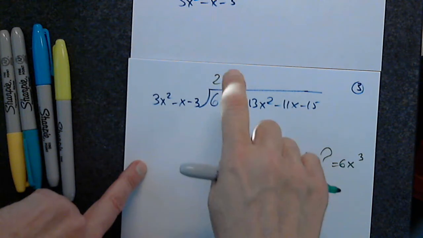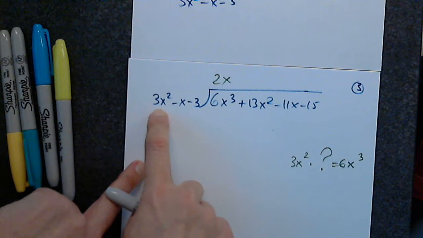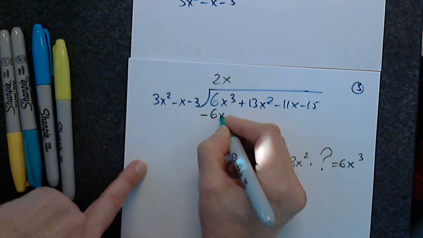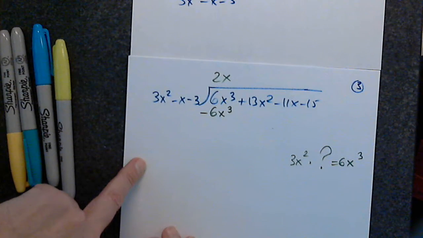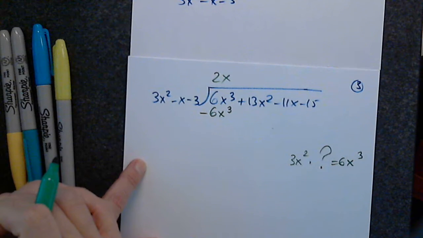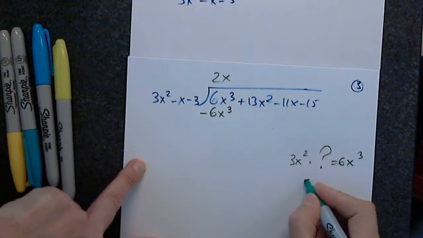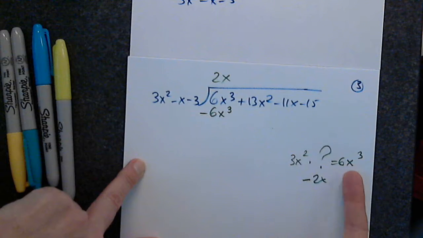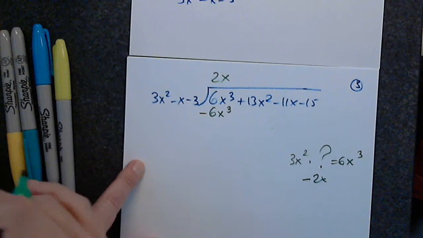Ready? 2x times 3x squared is? But I have to change the sign because I subtract. No. At the top, we don't lie. When we distribute, we lie. If I put negative 2x, is this 6x cubed? No.